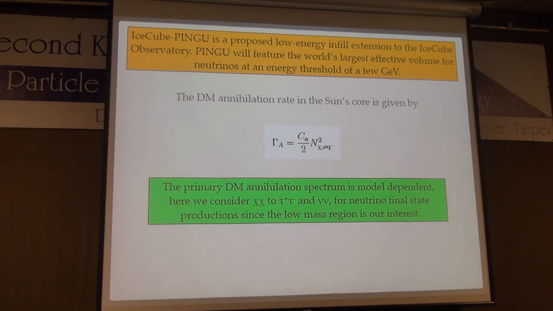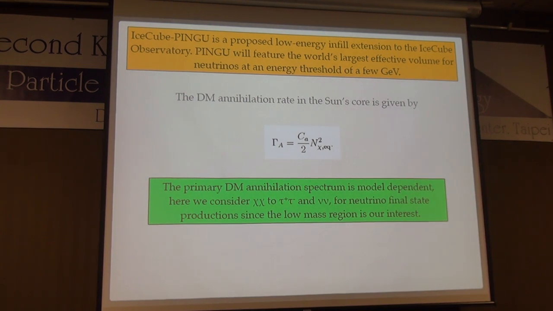And our signal comes from dark matter annihilation into neutrinos. We consider neutrinos because they are transparent. They can directly escape from the core of the sun and come to here. And we consider two channels, dark matter annihilation to tau and neutrino directly.